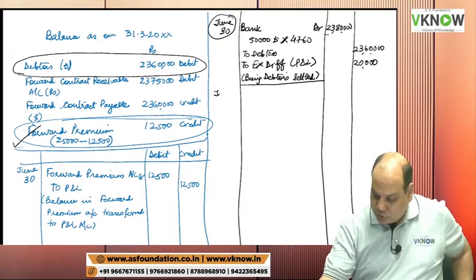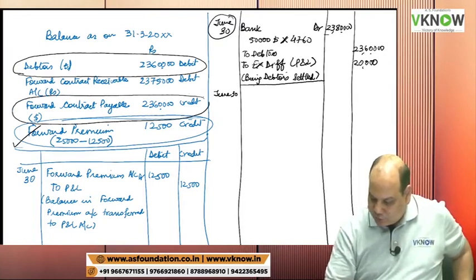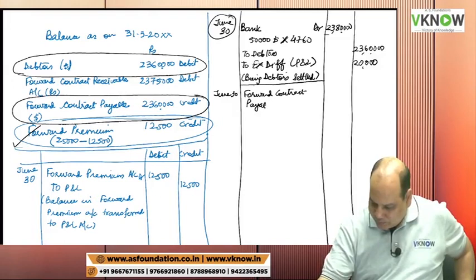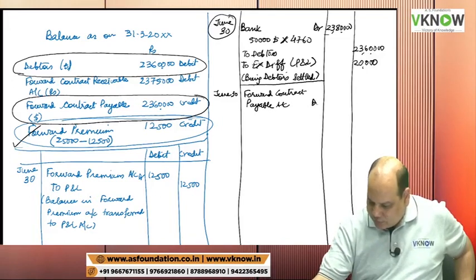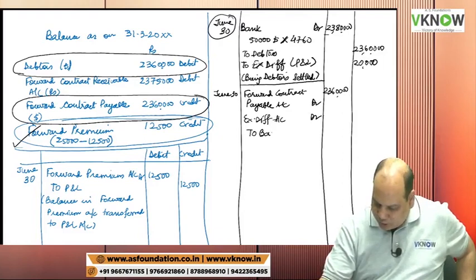So next entry, June 30 again. I will have to settle this liability first. Forward contract payable account debit 23 lakh 60,000. Exchange difference account debit, I will write the number later. To bank.